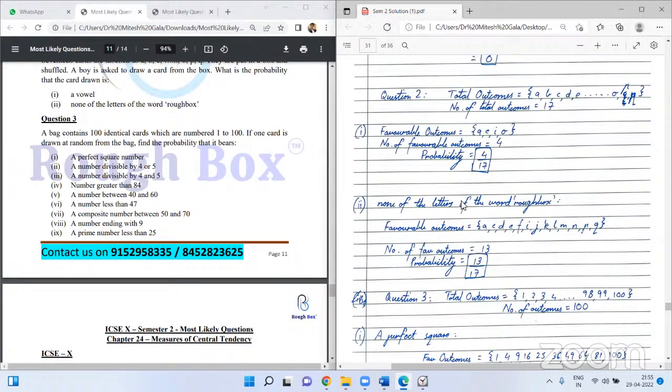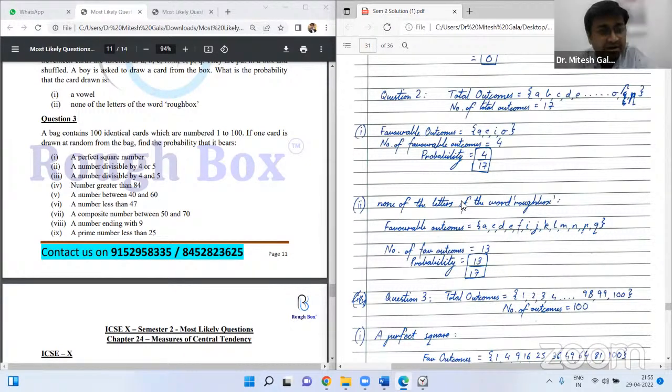So twice will be considered when your sample space has it twice. Okay, sir. So the probability of getting O in rough box will be 2 by 8, right? Yes. Okay. 2 by 9. Sir, 8. Yes. Yeah, 8. Sorry, 8. There are 8 alphabets.